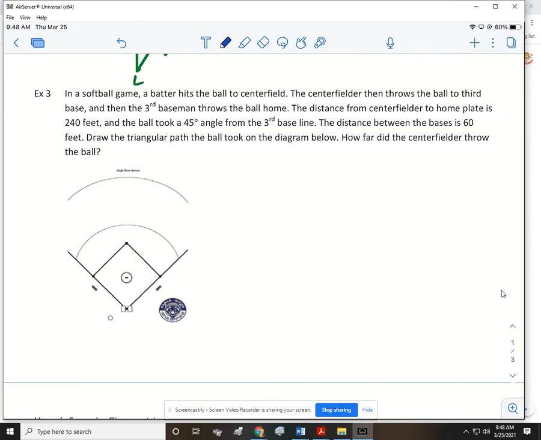Let's see. The ball left home plate, which is here, and goes to center field, straight there. Then the center fielder threw the ball to third base, which is here, and then the third baseman throws the ball home.